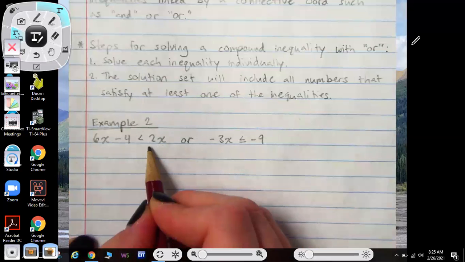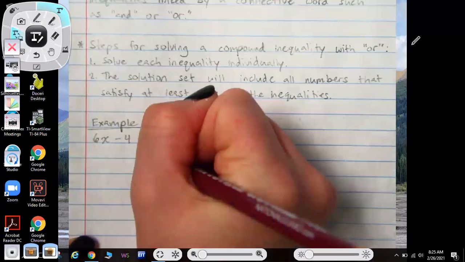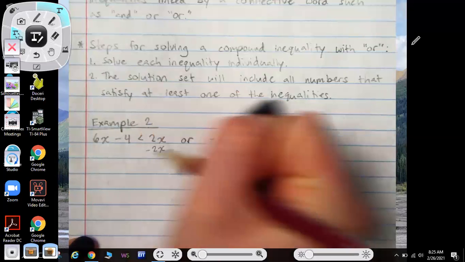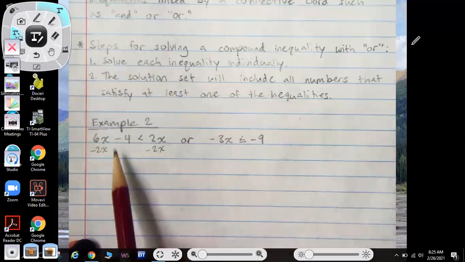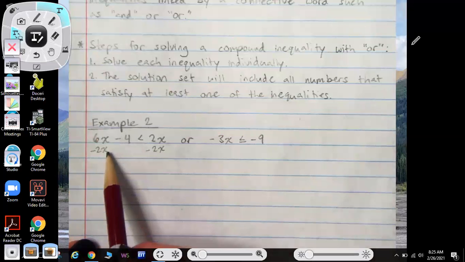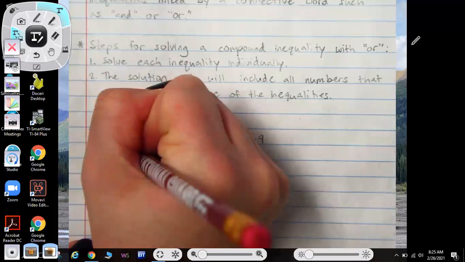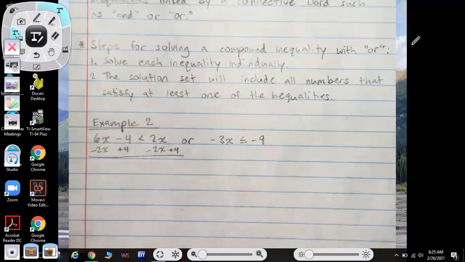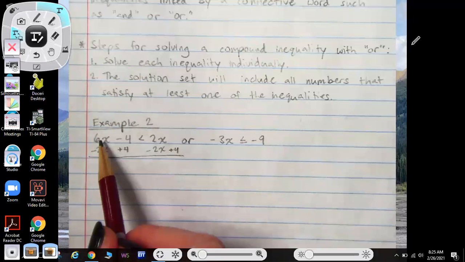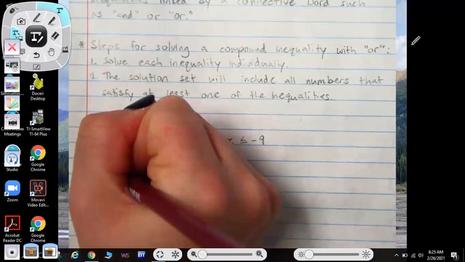We want all the x terms on the same side. So I'm going to subtract 2x from both sides. But then that means I'm going to want to get rid of this minus 4. So I'm going to go ahead and do that in this step as well by adding 4 to both sides. So 6x minus 2x is 4x.